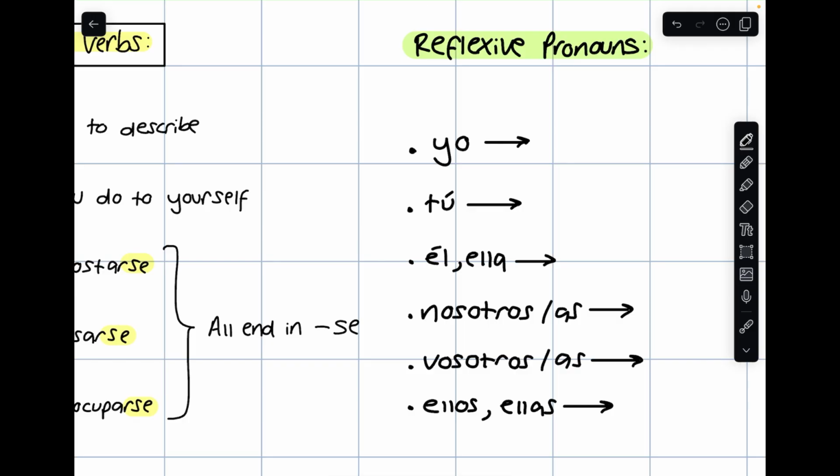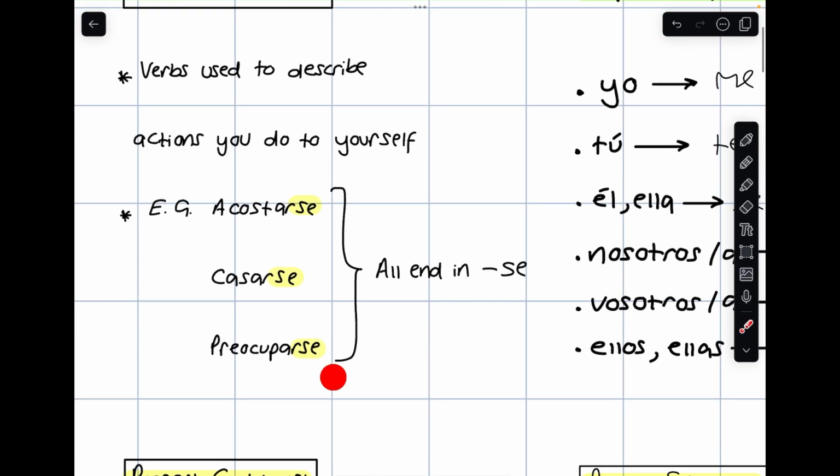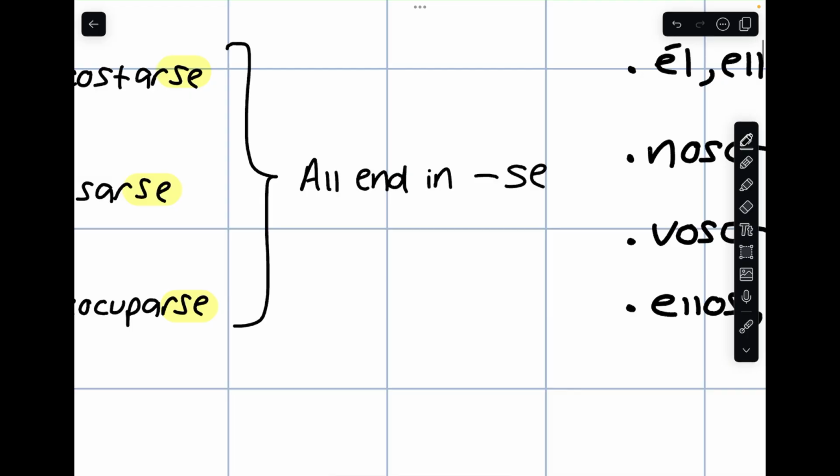So my yo, we have me, tú, te, él, ella, se, nosotros, nos, vosotros, os, ellos, ellas, se. And these are my reflexive pronouns right here. So if we were going to conjugate the verb casarse, our first step is to take off the se.